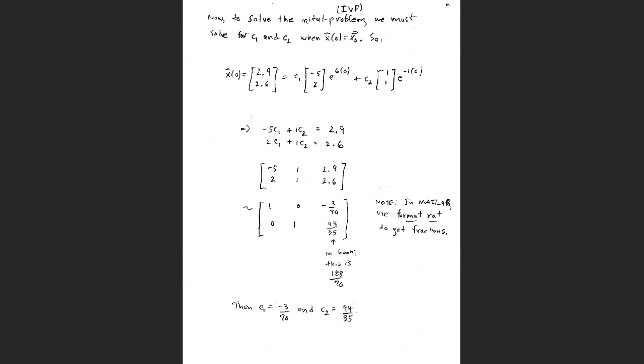C1 then is -3/70 and C2 is 94/35. But in the book, they write C2 is 188/70. Kind of interesting, but that's what they do. So now we have solved the initial value problem.